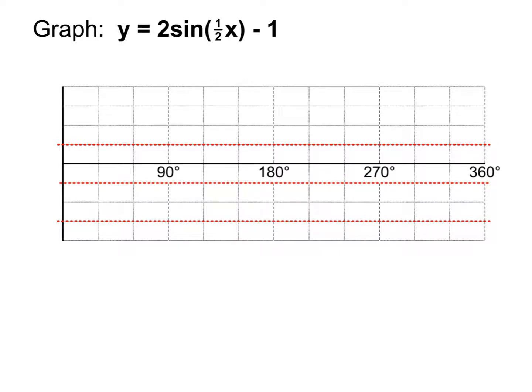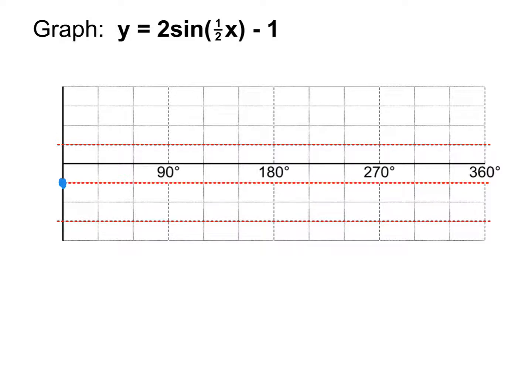Now, I need to start graphing my sine. Sine's going to start in the middle, and nothing's changed that. And then my next point is going to be at the top, but it's not going to be over here at 90. The 1/2, remember, changes that. The 1/2 actually makes it twice as wide, somewhat counterintuitive, but the 1/2 makes it twice as wide here.